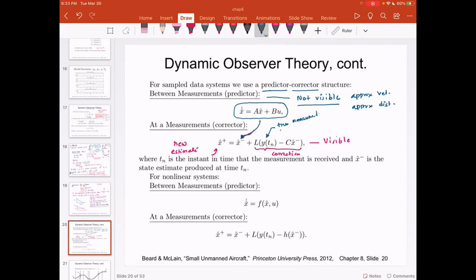This L is the gain, chosen in such a way that the new estimate is updated with the correction factor. And with this, you are going to get a better estimate.